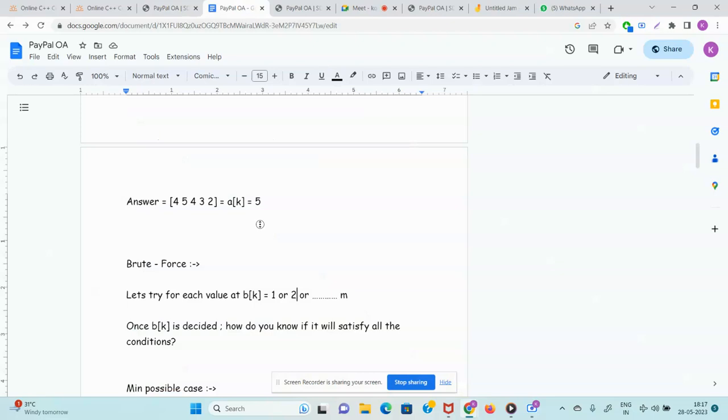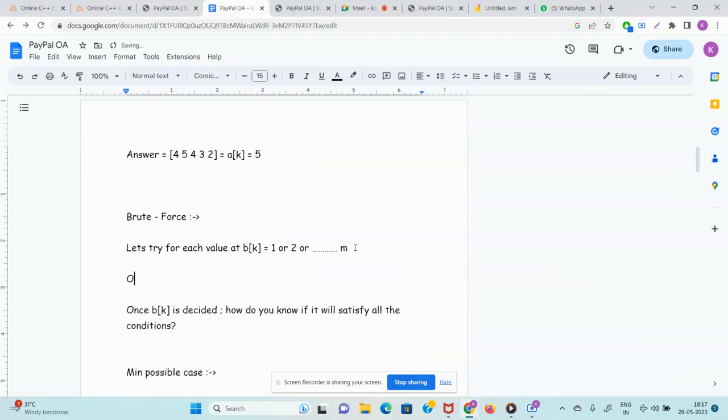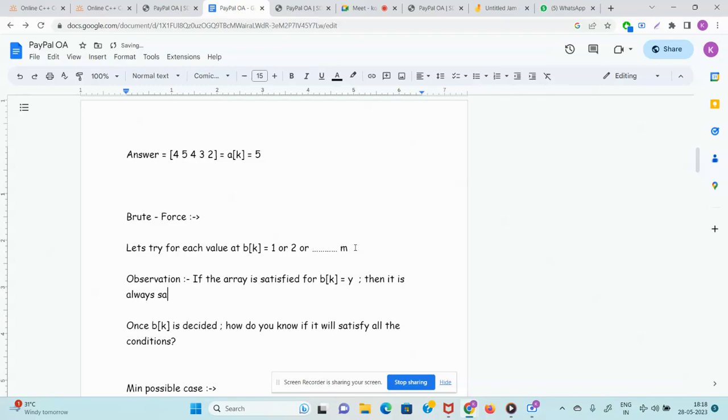Guys, I want to do some observation here. What is the observation? If the array is satisfied for b of k equal to y, then it is always satisfied for it in general.